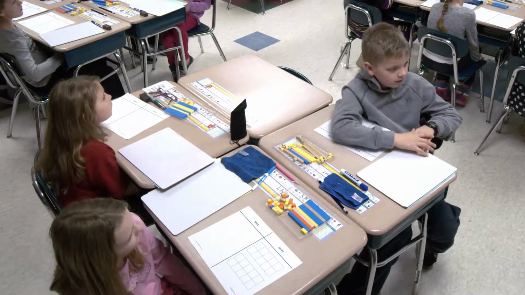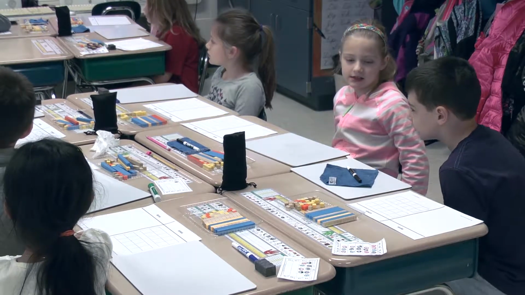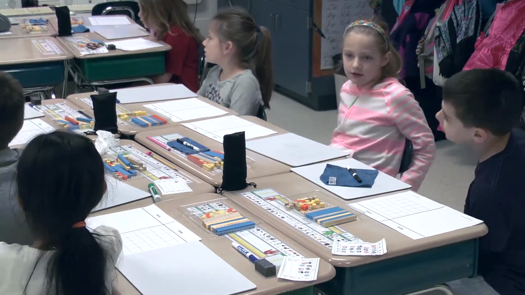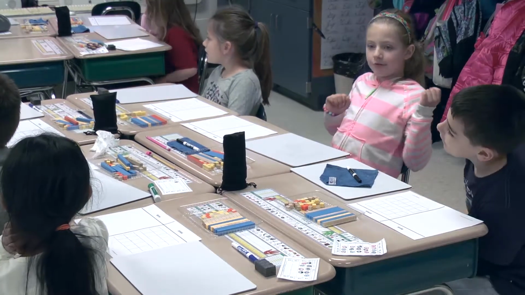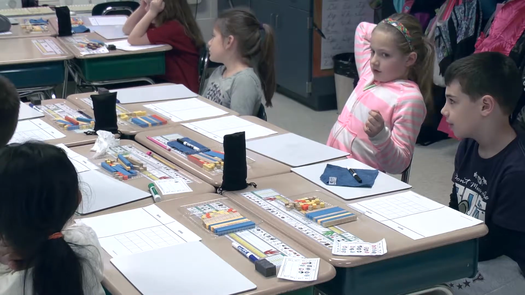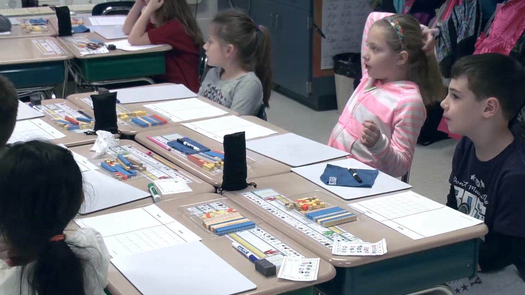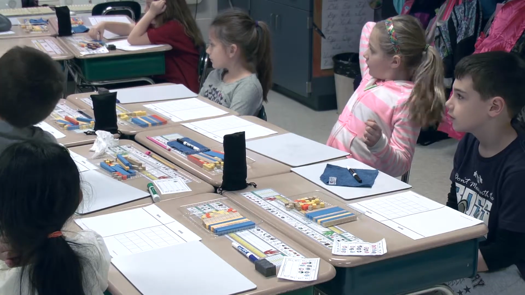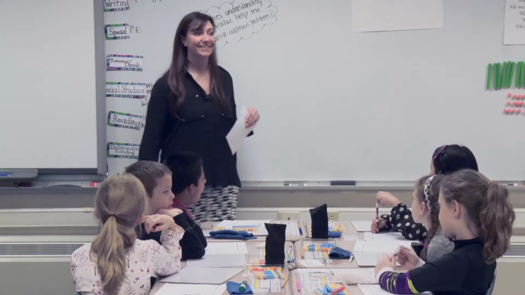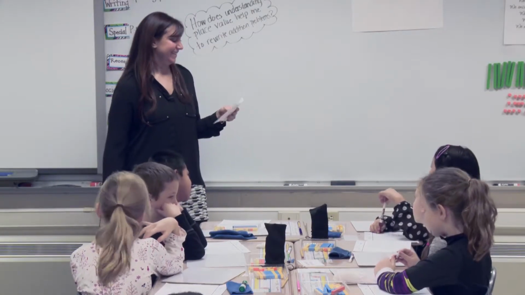6 plus 8. 14. How many tens? 1 ten, 4 ones. Let's say it again, boys and girls. 6 plus 8. 14. 1 ten, 4 ones. Excellent. 3 plus 9. 12. 1 ten, 2 ones.